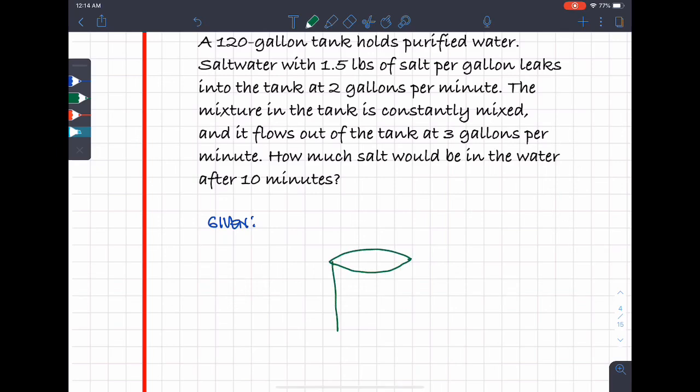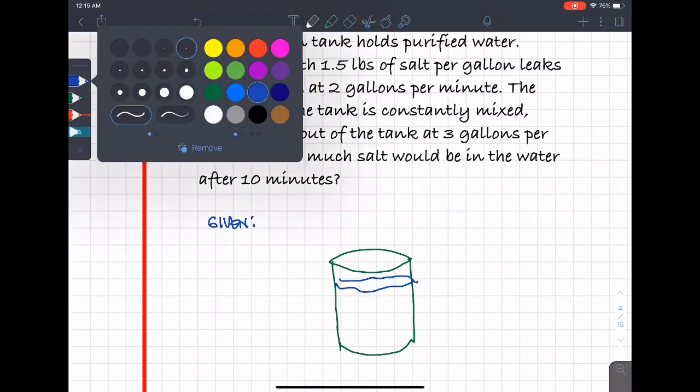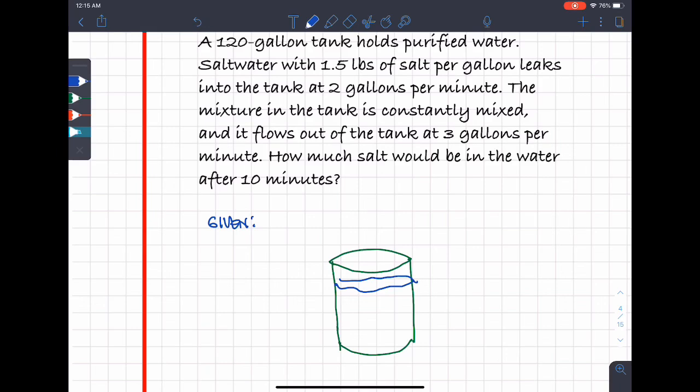So let me draw a container here. And then it has 120 gallons of purified water. Okay, so let's say this would be the water. So we have the initial volume, which is 120 gallons.